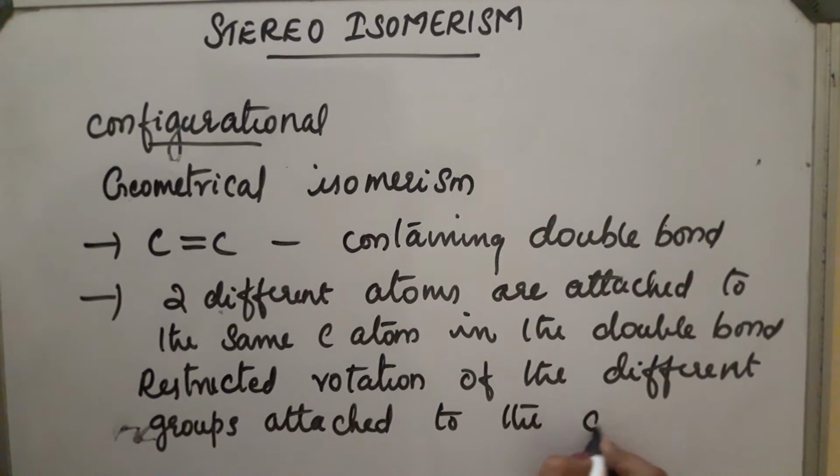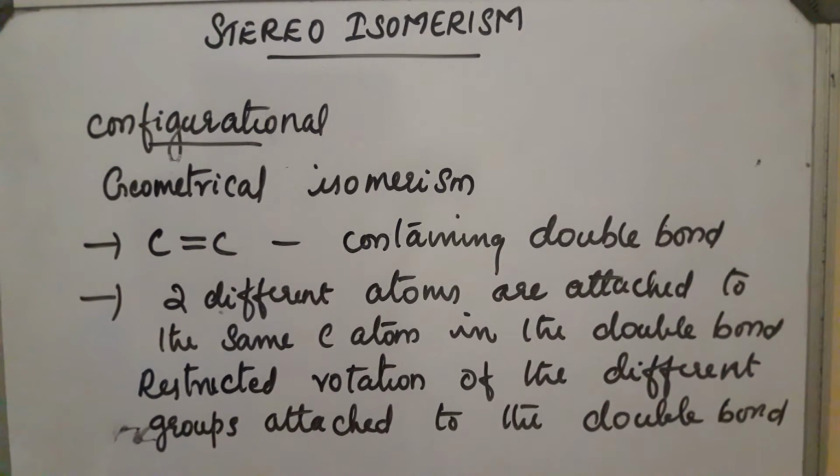We know that if there is a C double bond C and different atoms are attached to each carbon atom, there must be restricted rotation, and due to this restricted rotation, isomers are formed. Such isomers, or this isomerism, is called geometrical isomerism. We will discuss with examples.